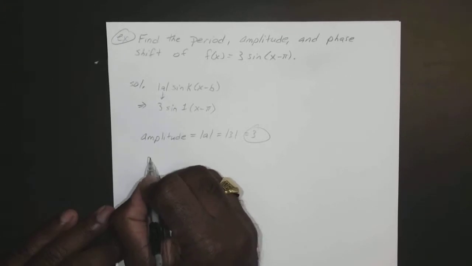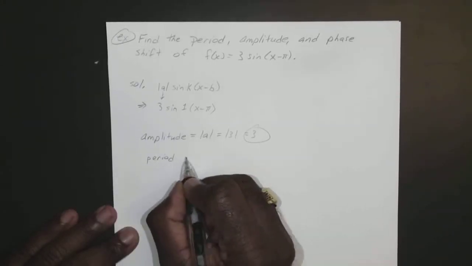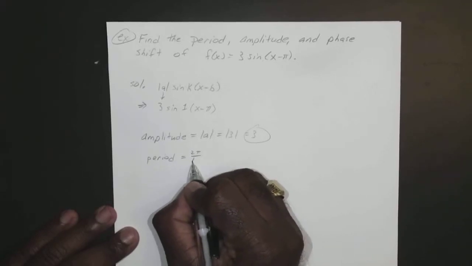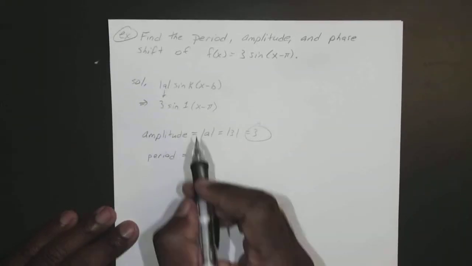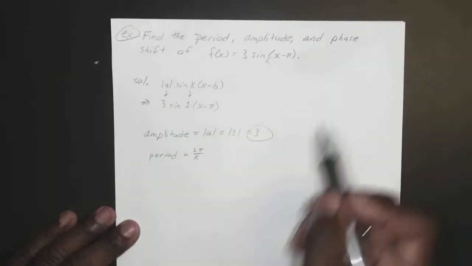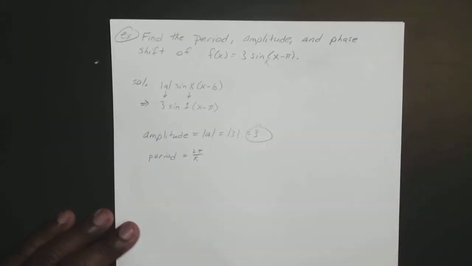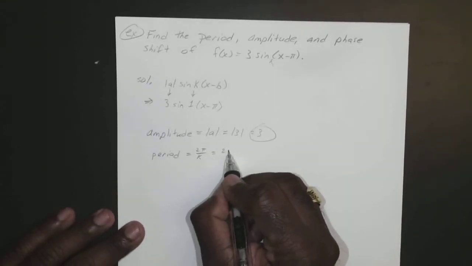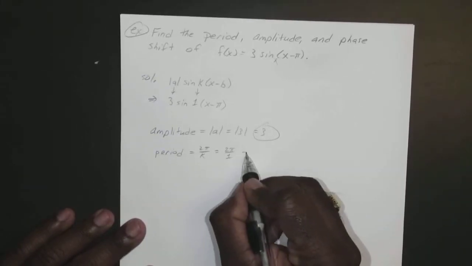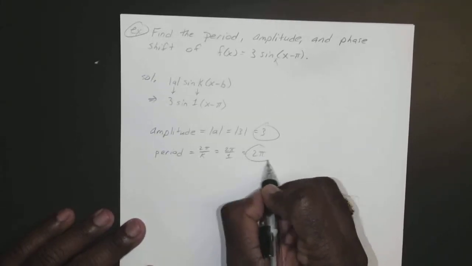Now our period, which is equal to 2 pi divided by k, remember our k is equal to 1. When there's nothing there, just like if you're multiplying a number, you automatically assume it's a 1 there, which is 2 pi over 1, which is 2 pi.